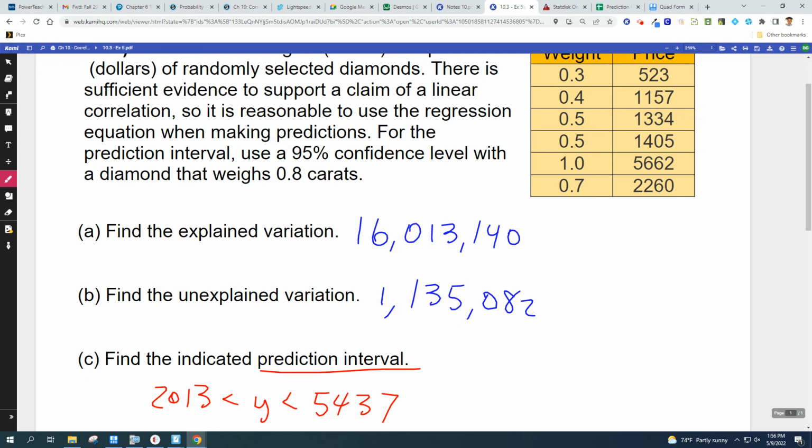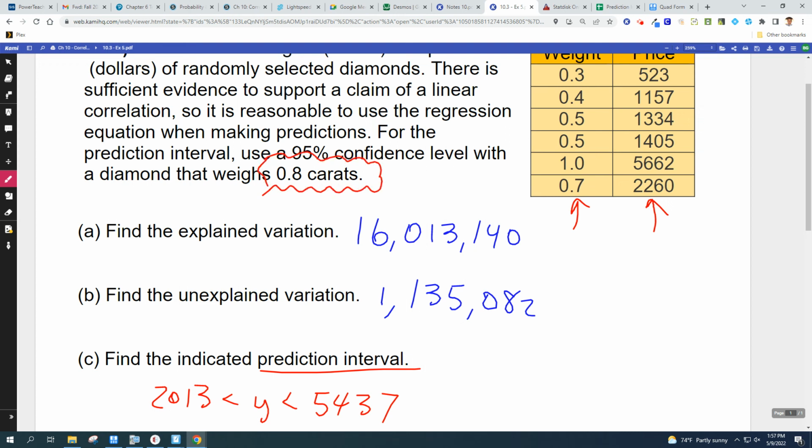Of a diamond? Is it going to be 2013? I mean, look at your numbers over here. These are your weight numbers and these are your price numbers. Doesn't it seem more like a price number than a weight number? This is the price.